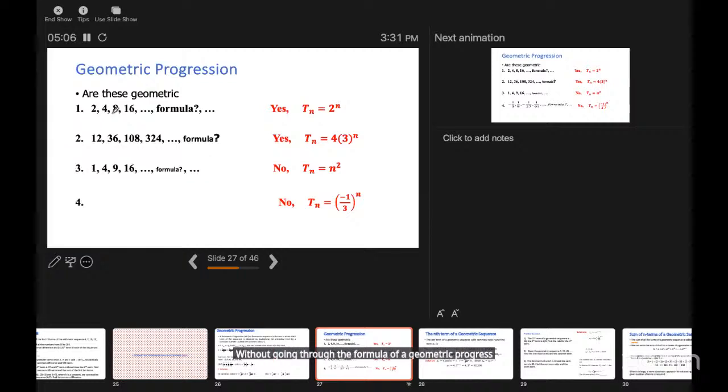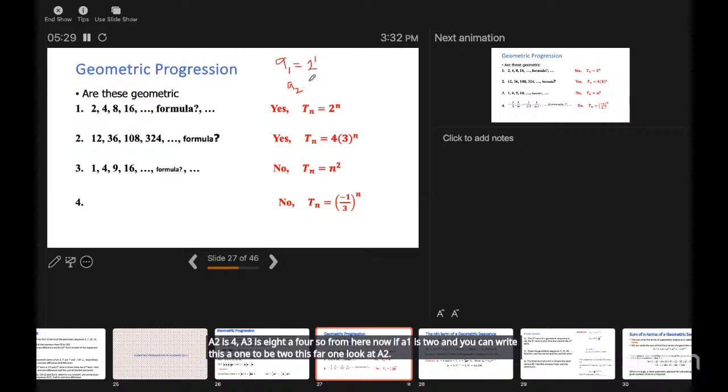Now, how do you see this? The first term A1 is 2, A2 is 4, A3 is 8, A4. So from here, if A1 is 2, you can write this A1 to be 2 raised to power 1. Look at A2.